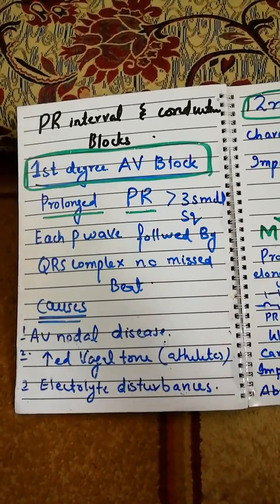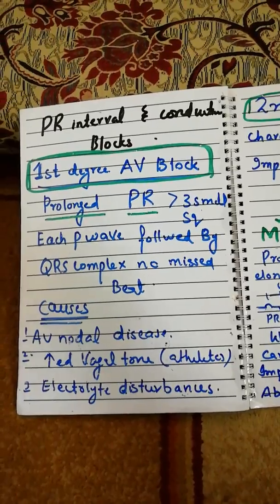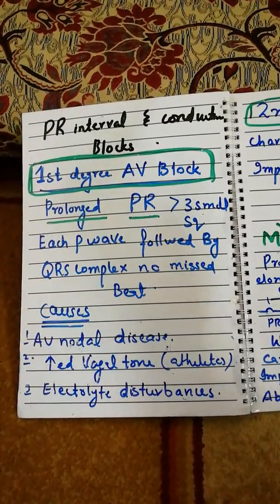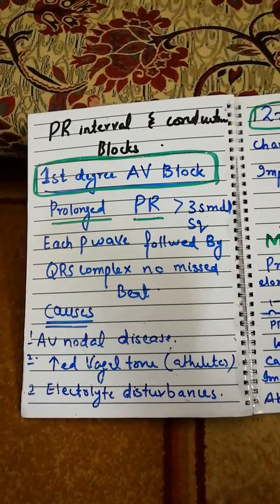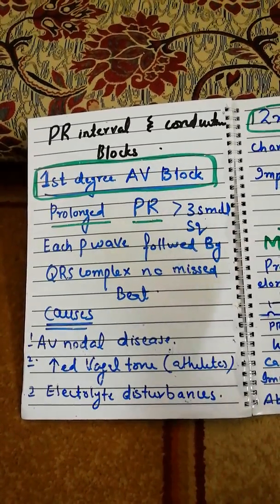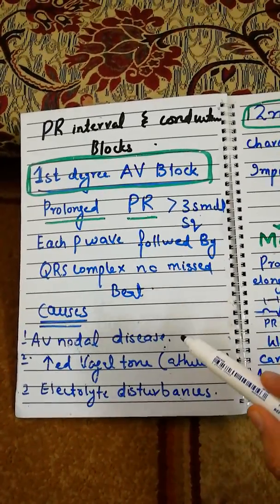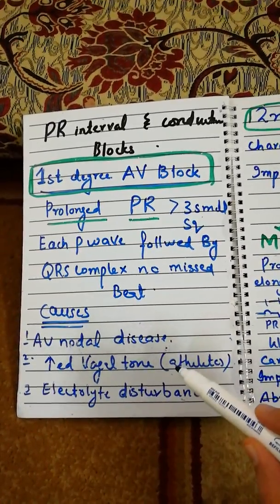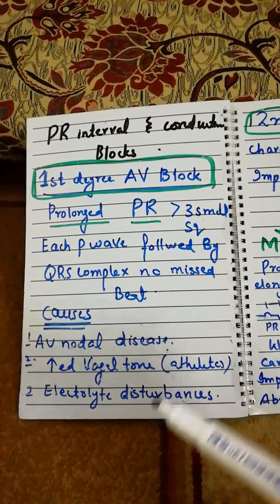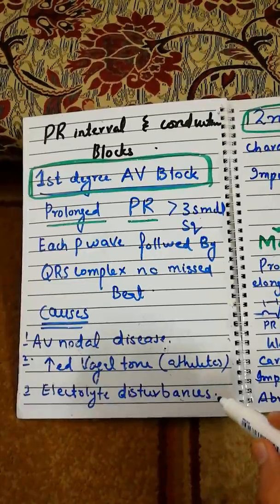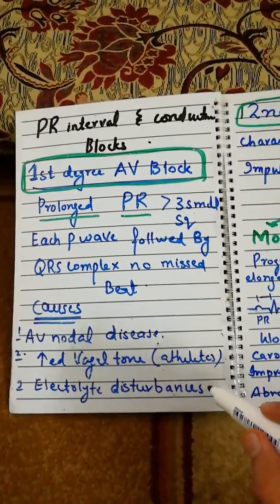In first degree heart block, only the PR interval will be prolonged. There will be no missed QRS complex. It means the time between the atrial depolarization and ventricular depolarization is only prolonged. This occurs in AV nodal disease, increased vagal tone like in athletes. In athletes, this phenomenon occurs normally. And it also occurs in case of electrolyte disturbance.